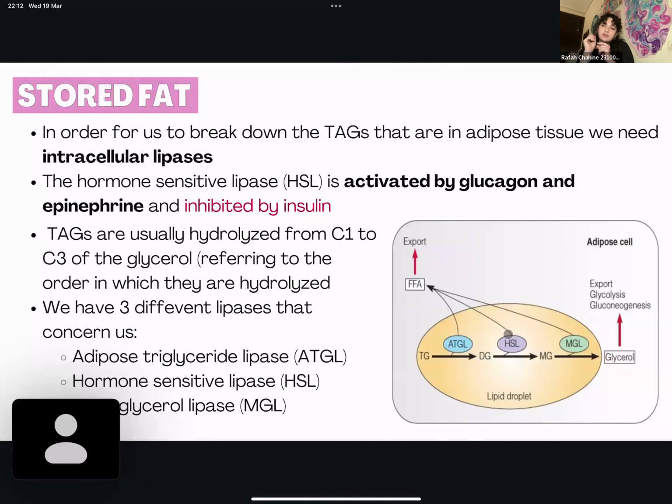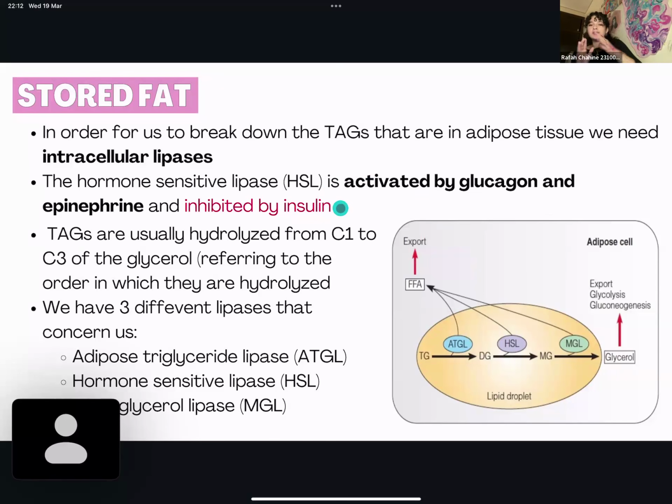The reason that it's those specific hormones is because they are released by our body when our body wants us to actually look for energy, when our body wants us to break down and use energy. Okay, so hormones like glucagon, epinephrine, norepinephrine, and adrenocortical hormone, the ACTH, those are the hormones that will activate hormone-sensitive lipase. And we're going to see how that happens in a later slide. But that also means that it is inhibited by some hormones, such as insulin.